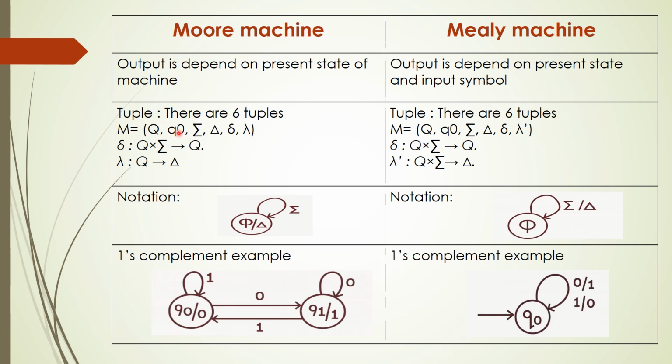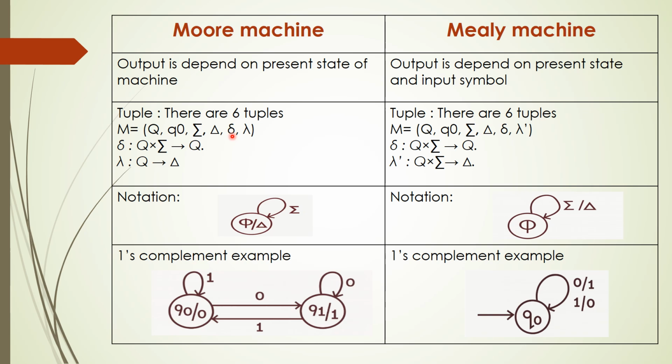Next, which are the tuples used in Moore machine and Mealy machine? There are some similar tuples used in Moore machine, Mealy machine, and NFA and DFA. So with output and without output, finite automata have some similar tuples: the finite set of states, the initial state, the input symbol, which is sigma, and the transition function.